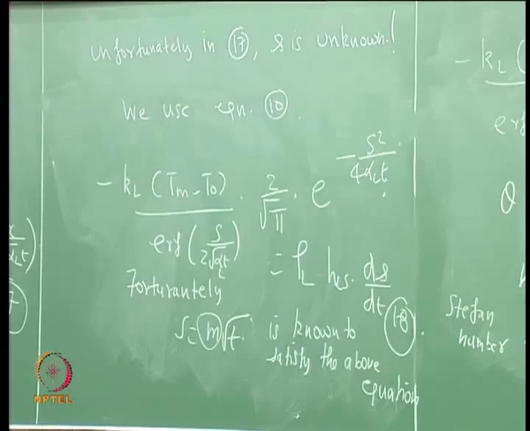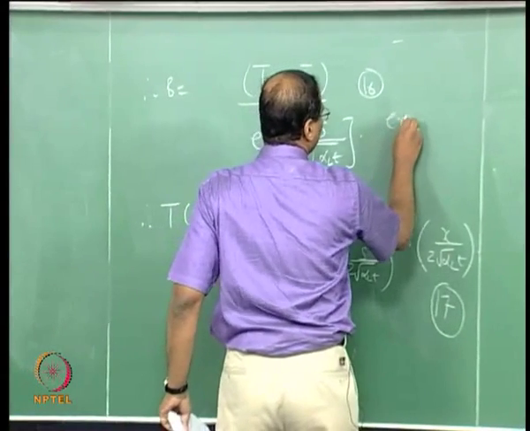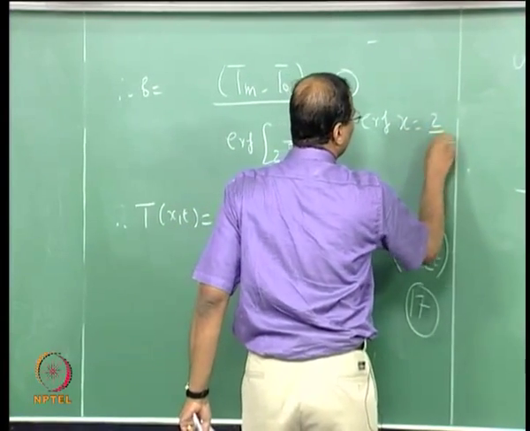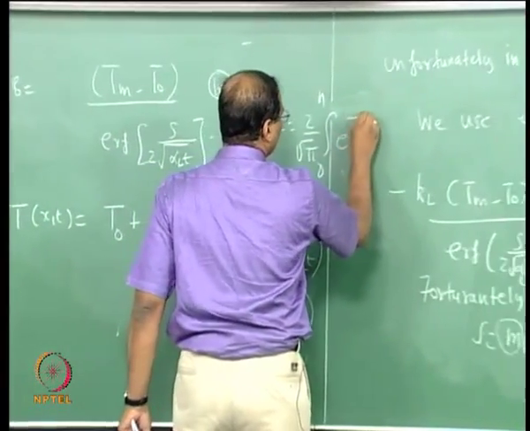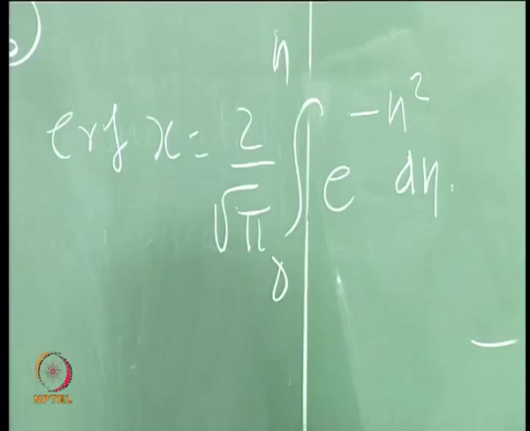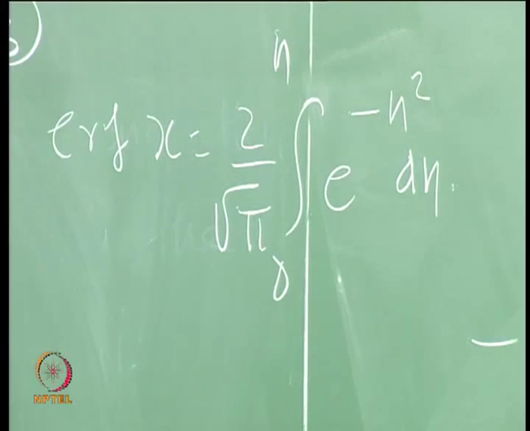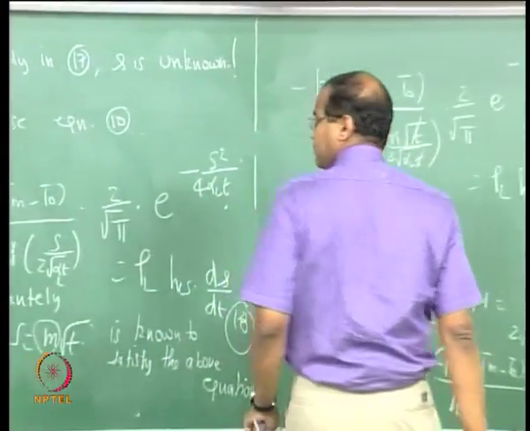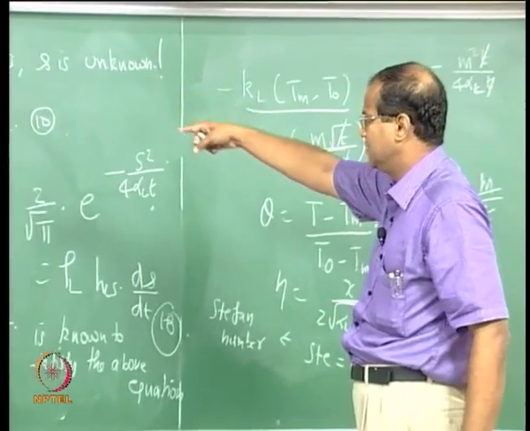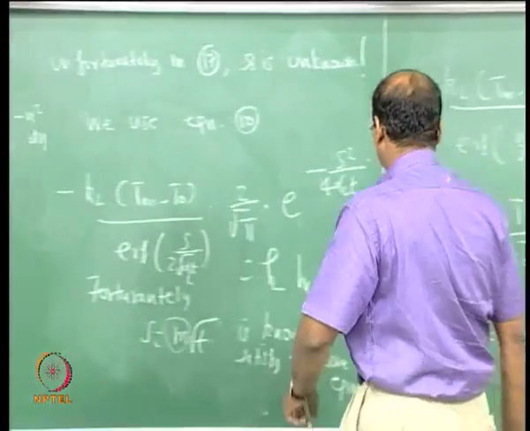What is the differential of the error function? The error function of x, the differential of this will be 2 by root pi e to the power of minus eta square into the differential of eta, right? So that term you have left out. Are you getting the point? So that is why we are having trouble.